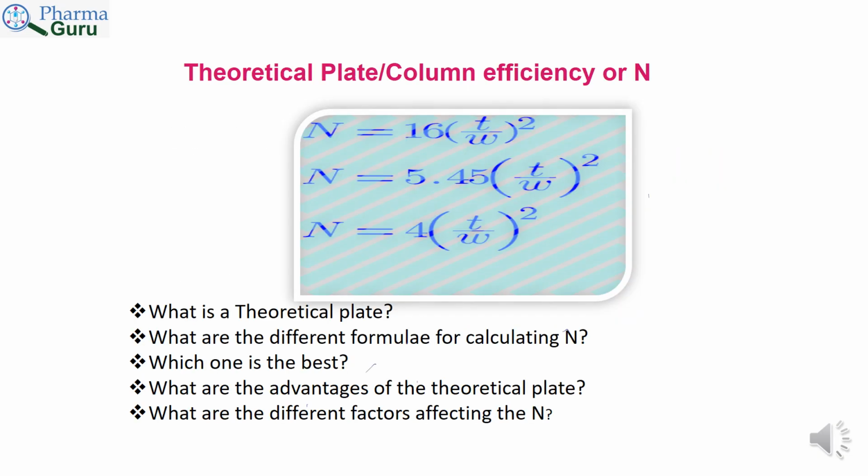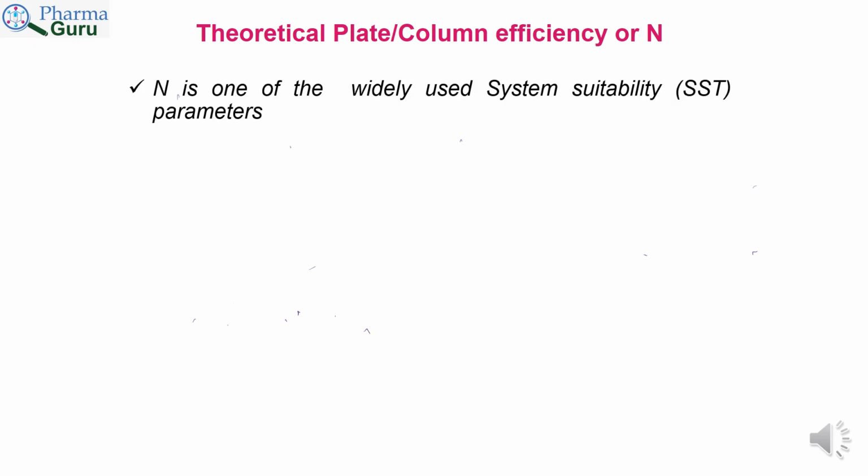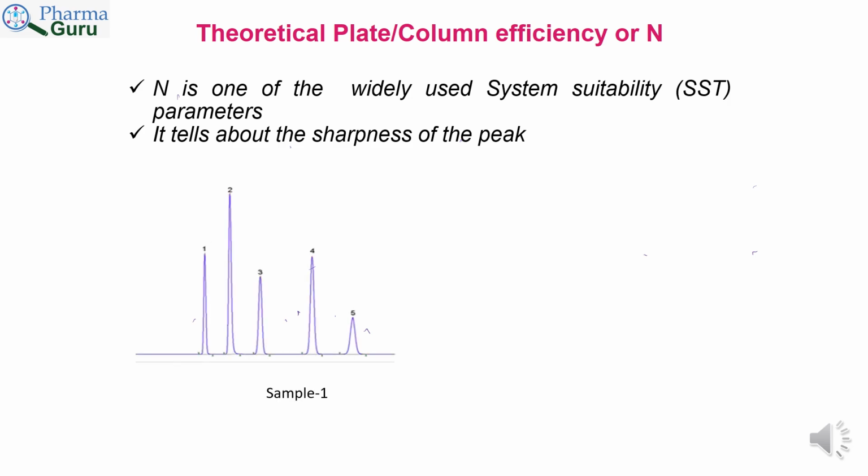Now coming to theoretical plate. Now I am going to discuss what theoretical plate or column efficiency is. Theoretical plate or column efficiency is denoted by N, and it is the second most widely used chromatography term in the system suitability test. It tells about the sharpness or narrowness of the peak.